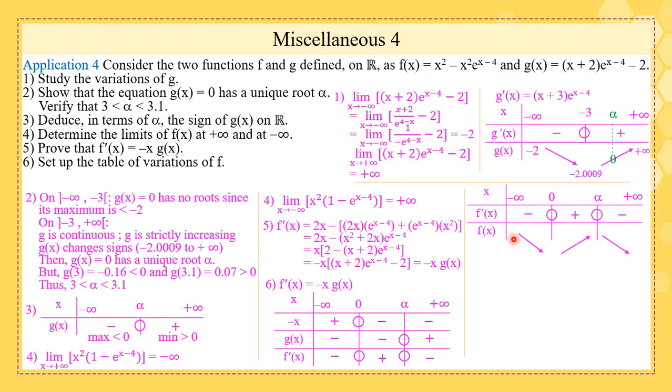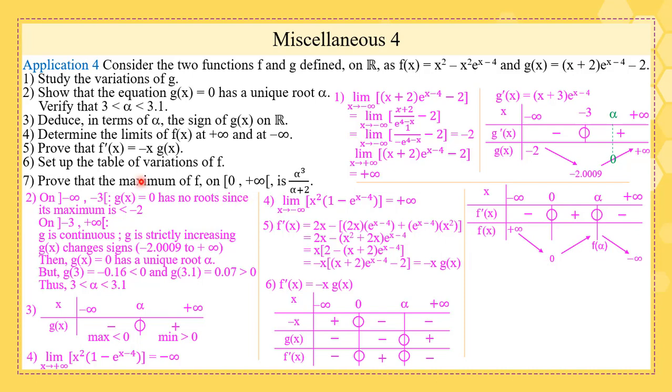The limit at minus infinity is plus infinity. And then when x is 0, f of 0, if we just replace it here, we get 0. And here we get f of alpha, leave it as f of alpha. From this limit, when x tends to plus infinity, f of x tends to negative infinity. So here we have to put a negative infinity.